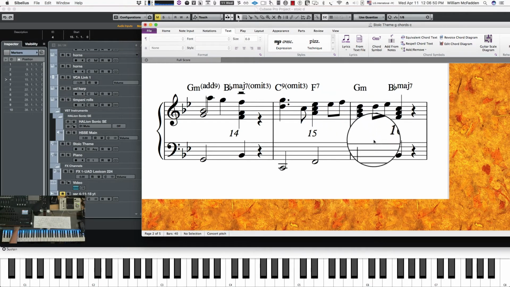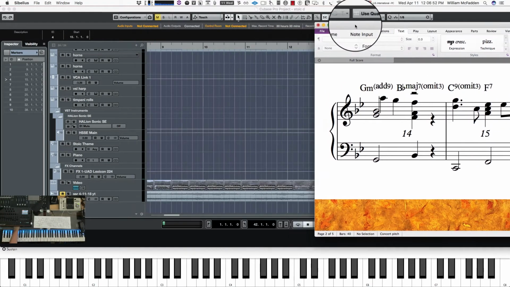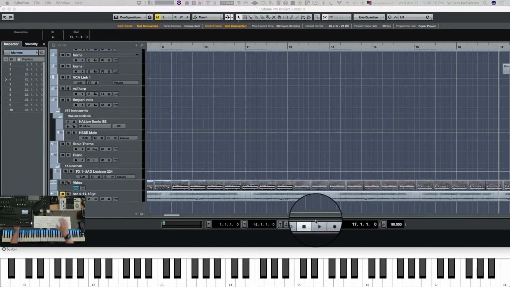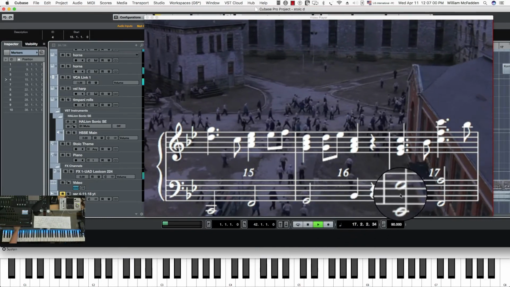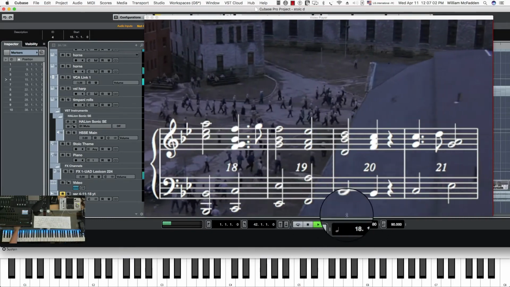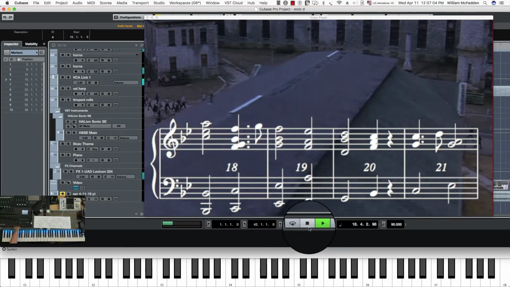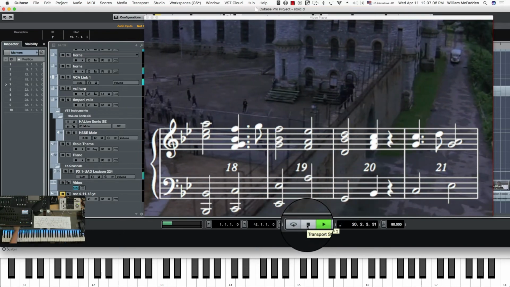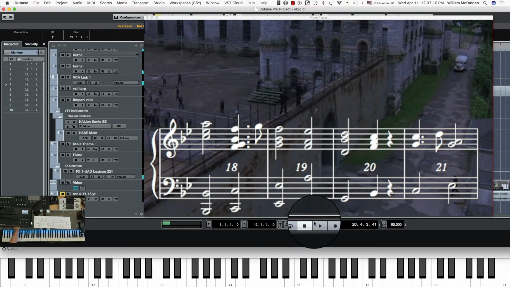And then let's take a look at 17. Okay, so 17 through 20.